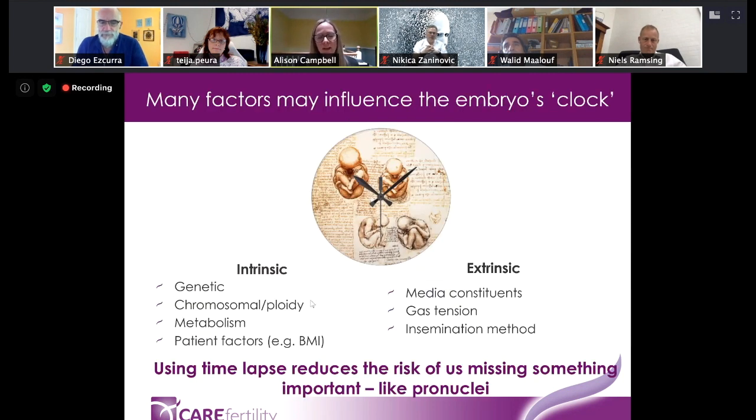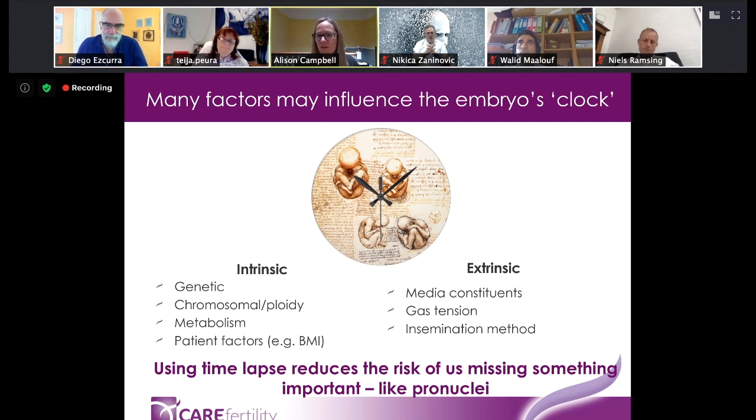And it's important to say, and we've heard this already, but I'll just stress the point that there are many factors that can influence the embryo's clock and the timing of events. So intrinsically, the genetics, the chromosomal status, the ploidy, the embryo's metabolism, there are patient factors, the BMI, there are publications to suggest that all of these things can affect the timing of embryo development.